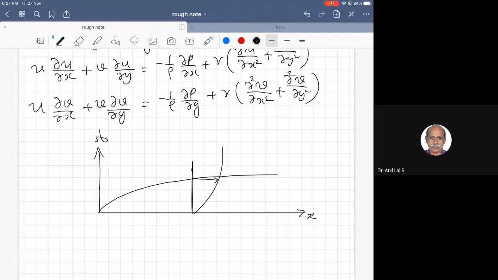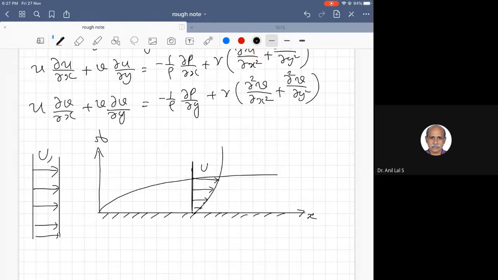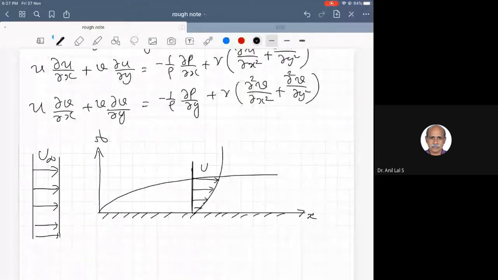This is the velocity at the edge of the boundary layer, and this is going to be the potential flow velocity, and this is the solid surface, and there is a free stream flow approaching the solid body at a certain velocity, U infinity, uniform flow.